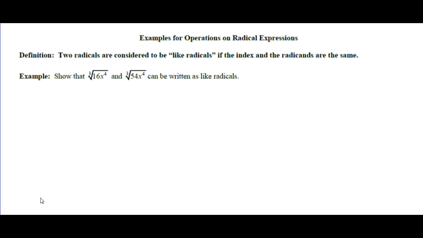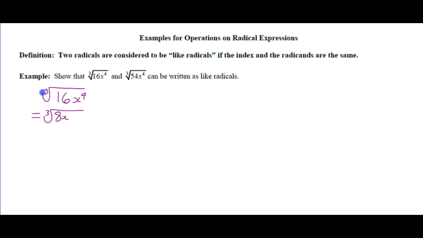And so what we're going to do is just the process we went through. So if I have the cube root of 16x to the fourth, then we can write that as the cube root of. So now I'm looking for perfect cubes, right? So what's the largest perfect cube that goes into 16? 8. And what's the largest perfect cube that goes into x to the fourth?